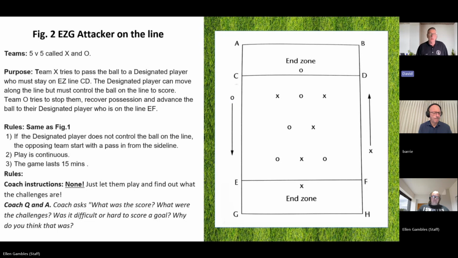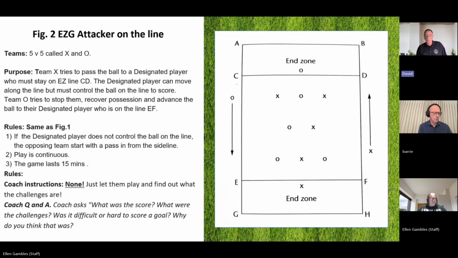So in this game, we select one of the players and nominate them as the designated player, and the designated player must stay on their end zone line, which is CD or EF.